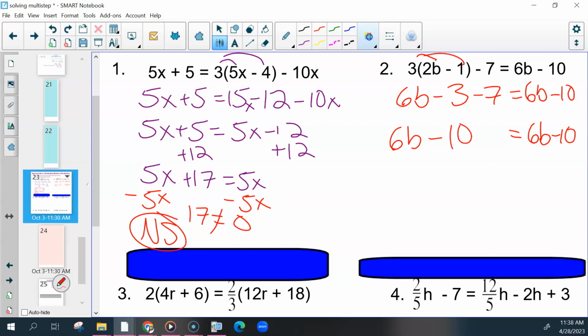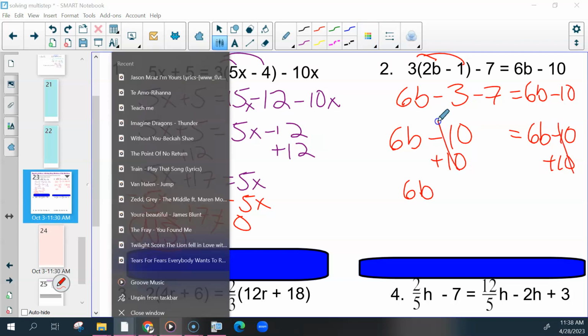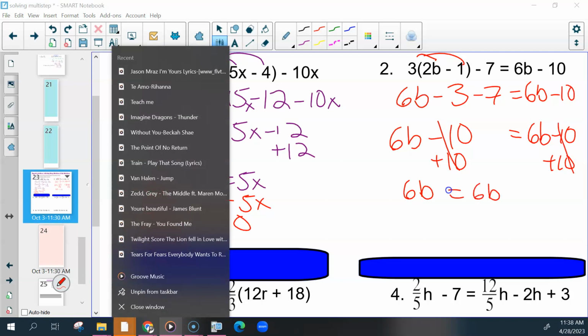And then what do we want to make our next step? If we add 10 to both sides, what happens? Both become 0.